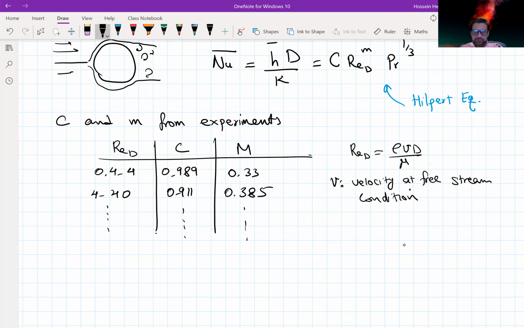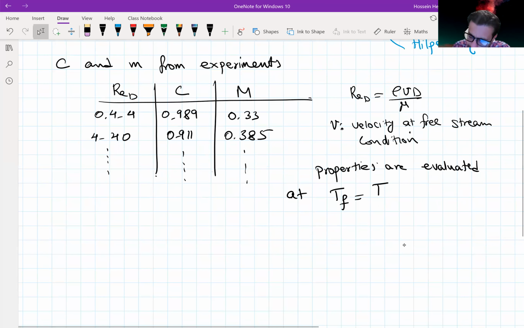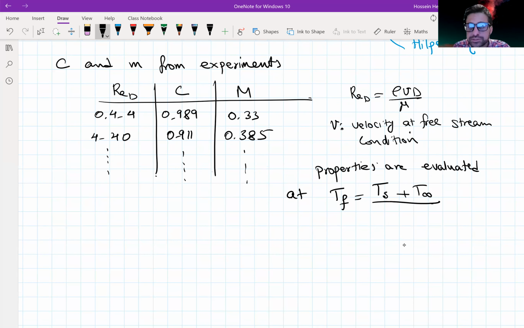So we don't get really close to the cylinder and pick that velocity, but far from the cylinder. Now, all fluid properties for this equation are evaluated at film temperature, T_f, which is the surface temperature of the cylinder plus the upstream fluid temperature, divided by 2.